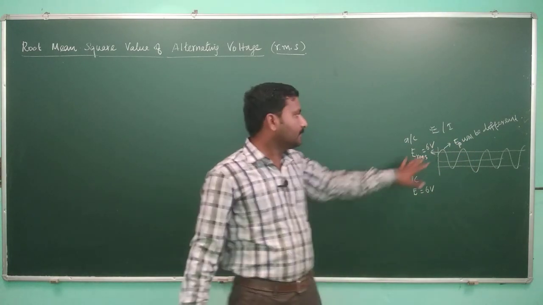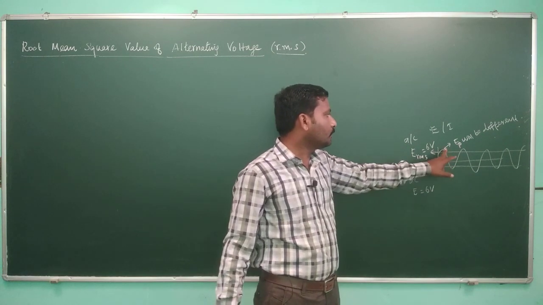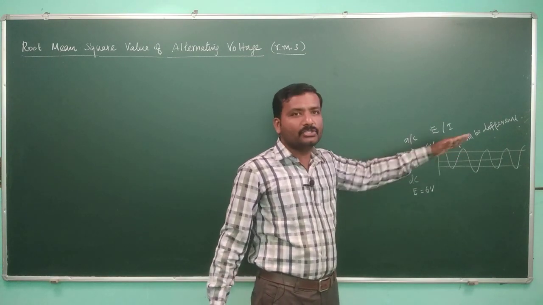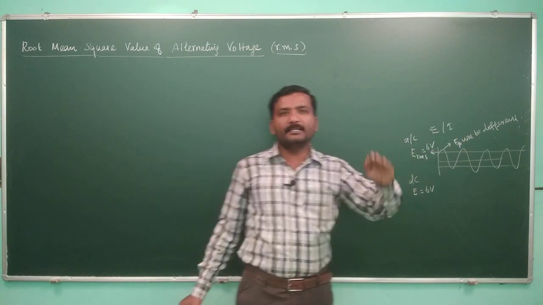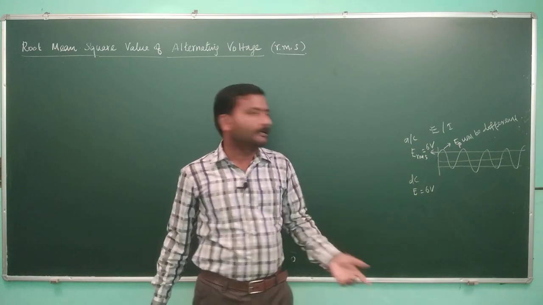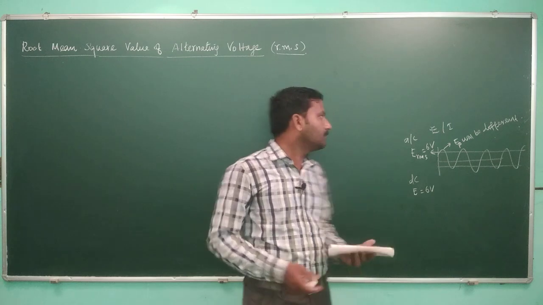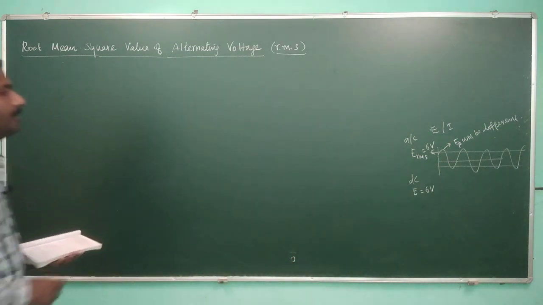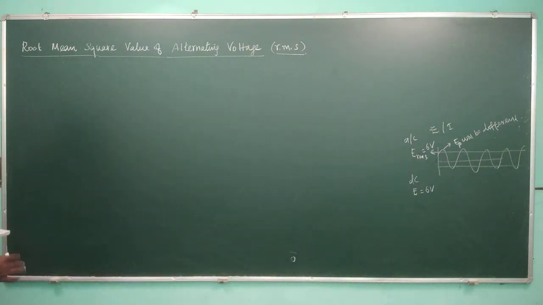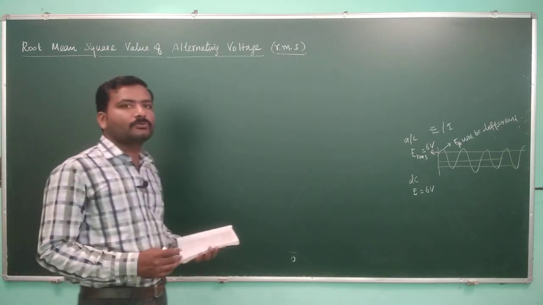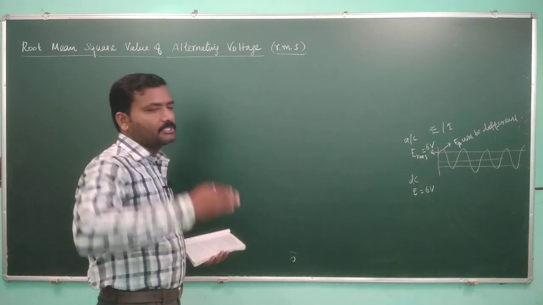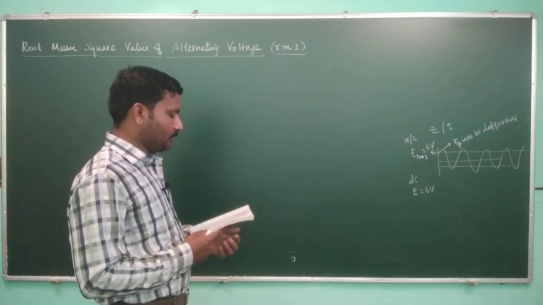So this alternating current, whose peak value is EP, effectively functions like a 6 volt DC. So that is the root mean square value. In one word, it is an effective value of ever changing current and voltage.